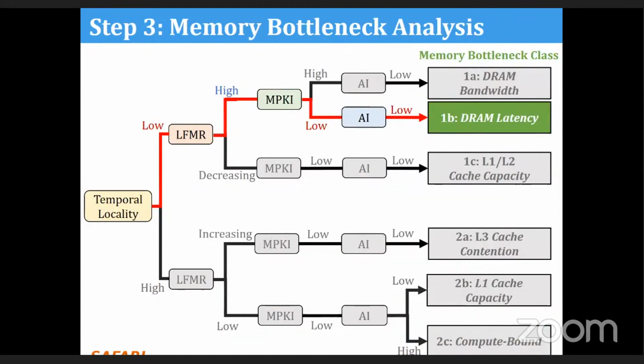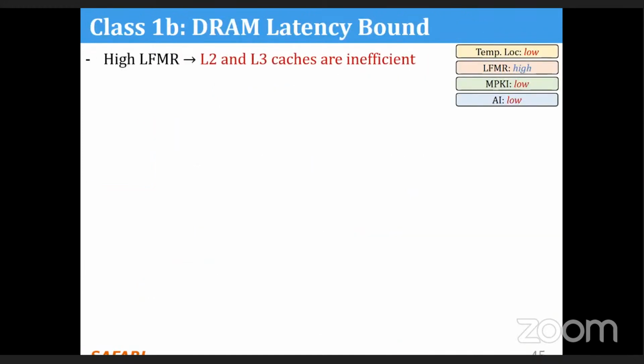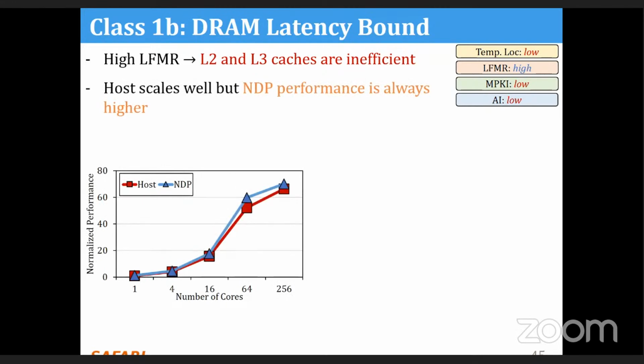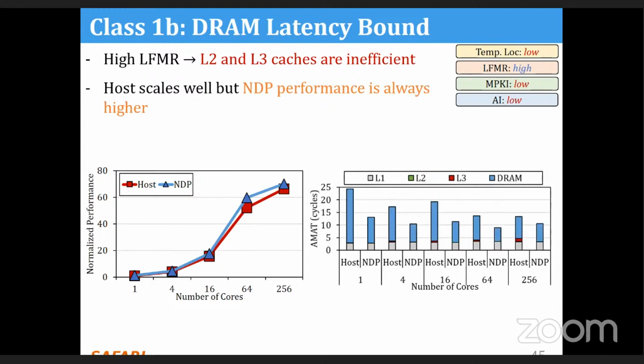Then we go to 1B. In 1B, these are DRAM latency bound. One thing that we notice is that the LFMR is high, so L2 and L3 are quite inefficient. Yeah, we see that the NDP execution, this is normalized performance for both host and NDP for different number of cores. So for any number of cores, well, here it's quite similar, but let's say the benefit of NDP increases when we increase the number of cores, as you see.